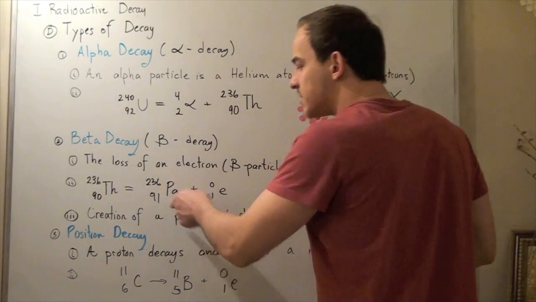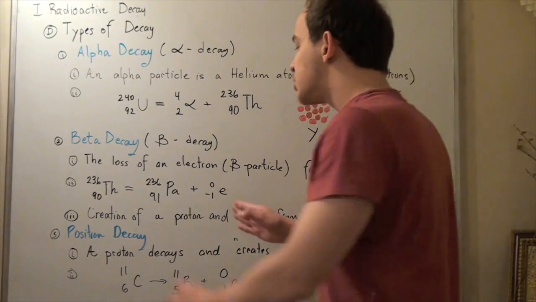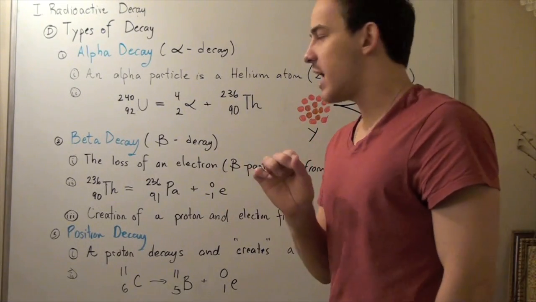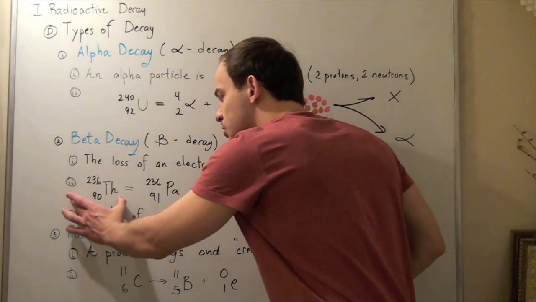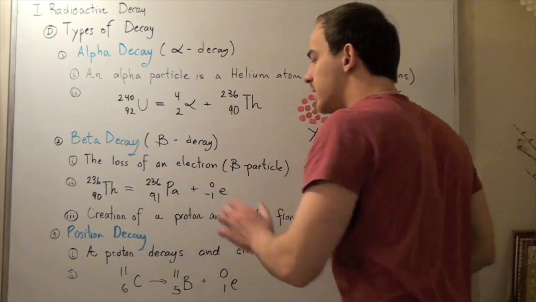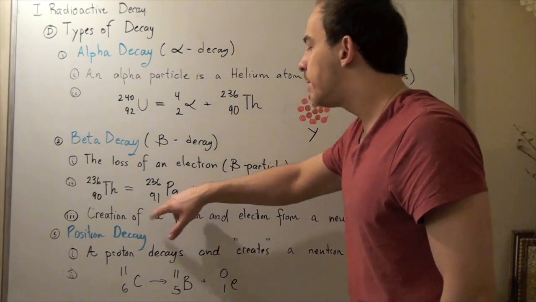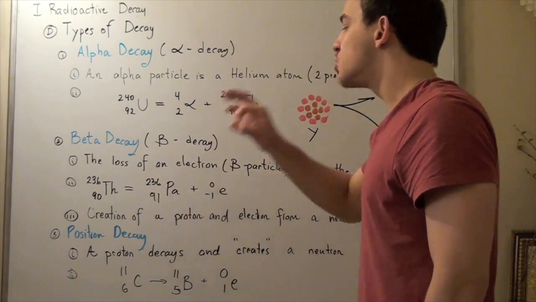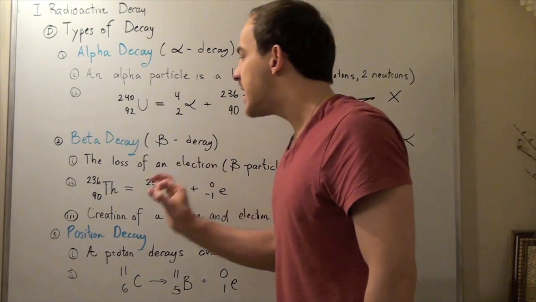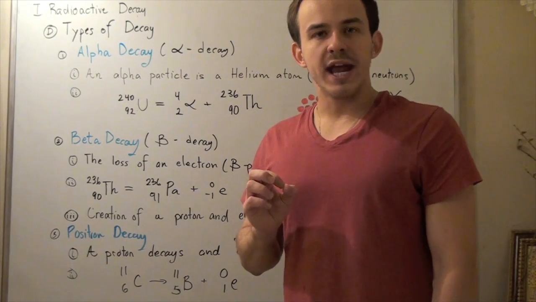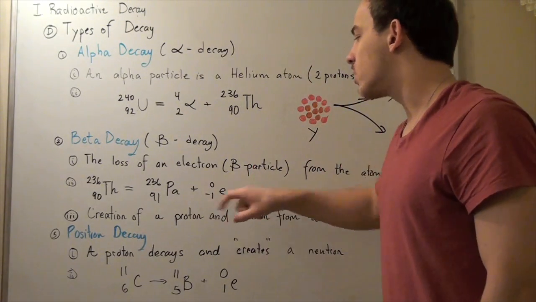So a new atom is formed. Why? Because the charge of this guy and this guy must be neutralized. Before we had a neutral charge, and now we also must have a neutral charge. So we have -1 and +1 proton. So that means that whenever beta decay occurs, there's a proton that's created along with our electron.